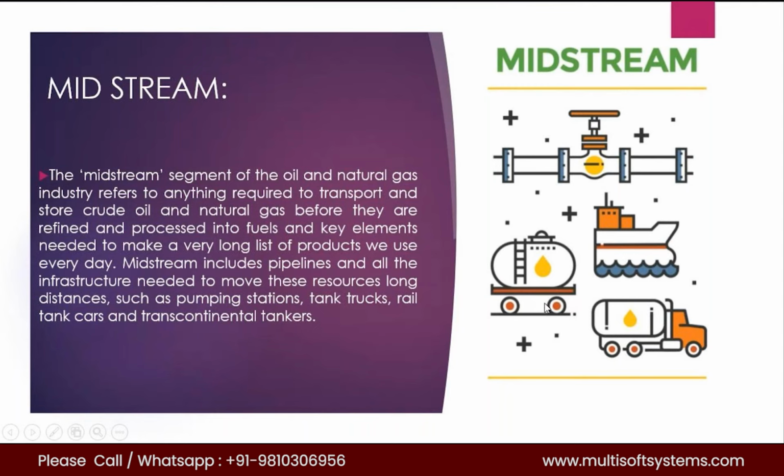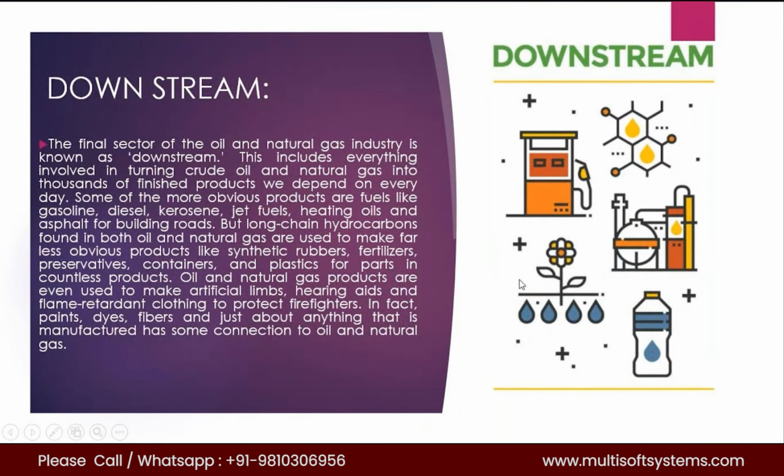And downstream is the refining process: the petrochemical plant, the refinery, crude distillation, from which we get petrol, diesel, kerosene, naphtha, butane, methane, propane, and so on.